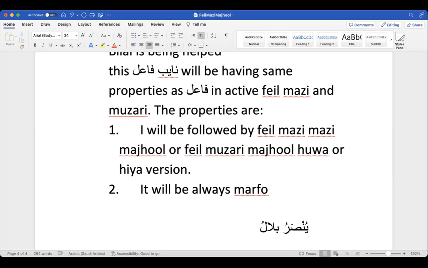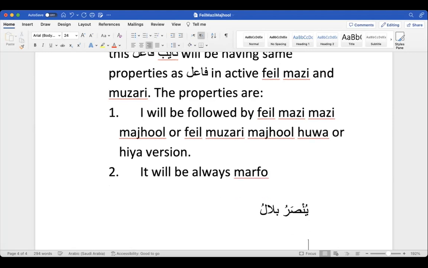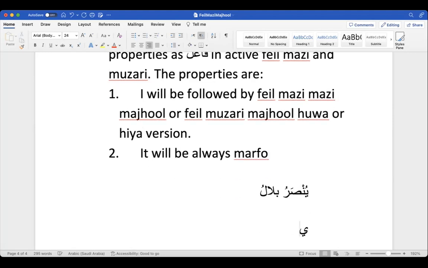Now, if you say yastaghfiru, what is this?